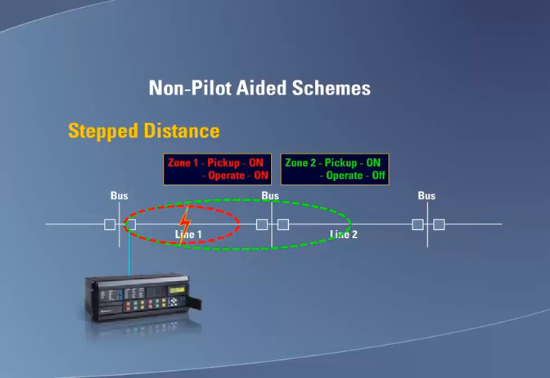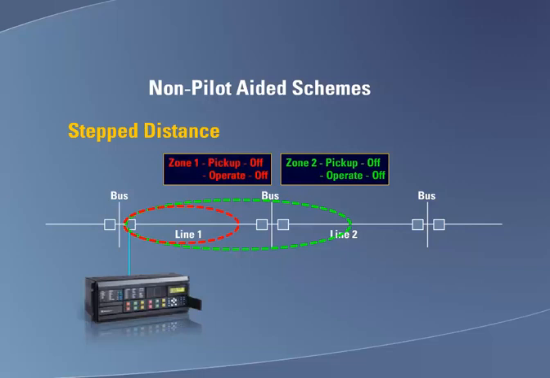The Zone 2 operate flag will not yet turn on because it has a time delay programmed within it. The Zone 1 operate flag will then trigger the relay to trip to clear the fault. At that point, the fault will be cleared. The Zone 1 pickup and operate flags will turn off. The Zone 2 pickup flag will turn off, and the Zone 2 operate flag will stay in the off state, never having turned on.